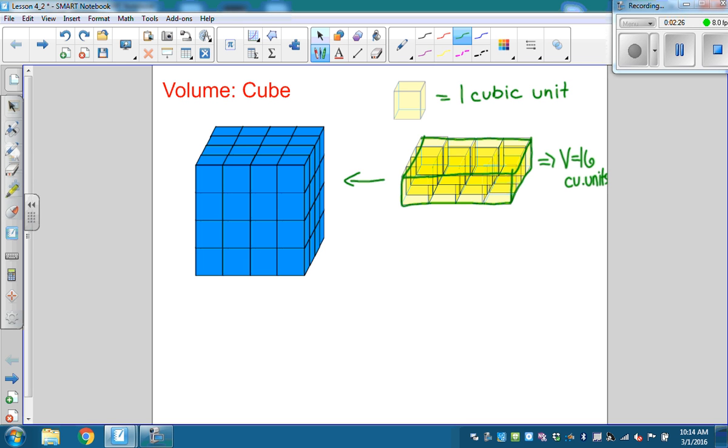Going back to this picture, there's 4 levels of that same shape. So the volume of the blue figure is 4 times the 16, or 64 cubic units.